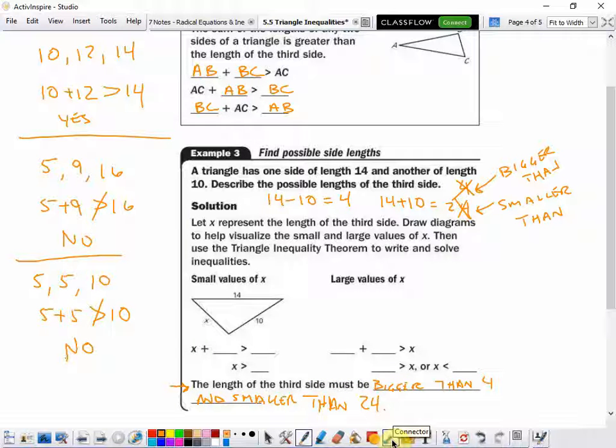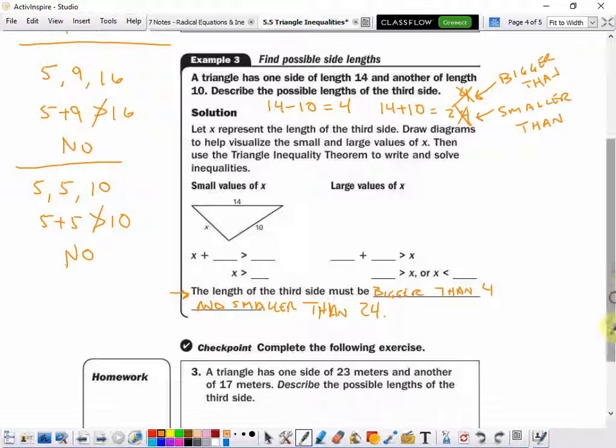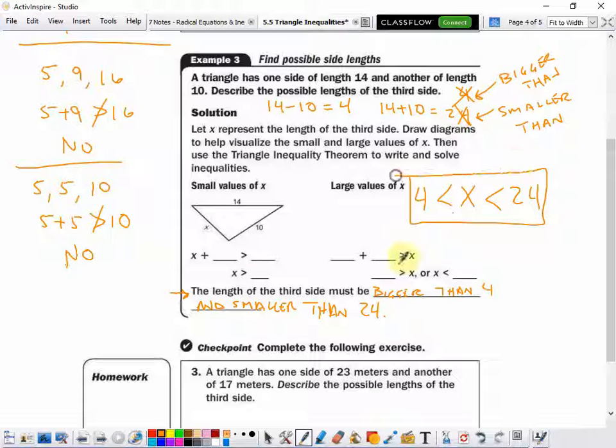Okay? Another way to write that, we'll call the third side x. X has to be greater than 4 and less than 24. Notice it's not or equal to, it's just greater than 4, less than 24.